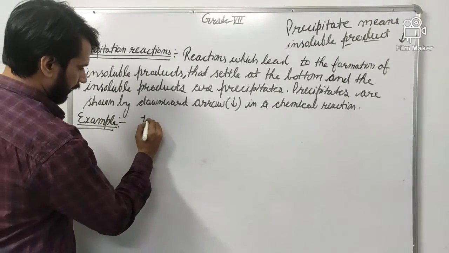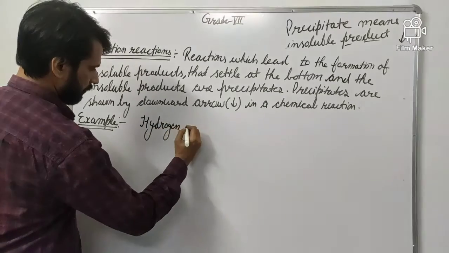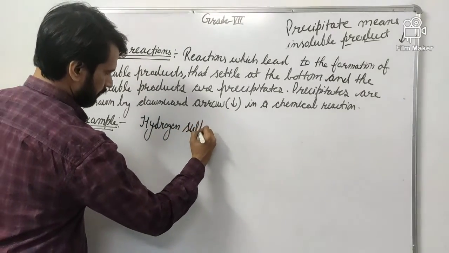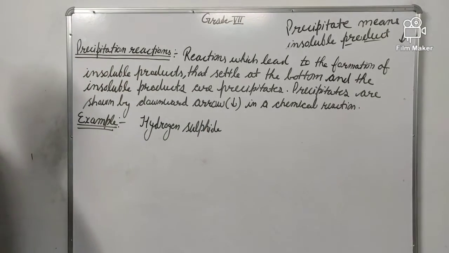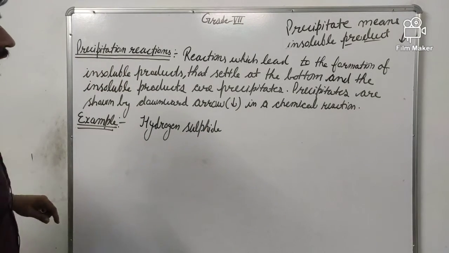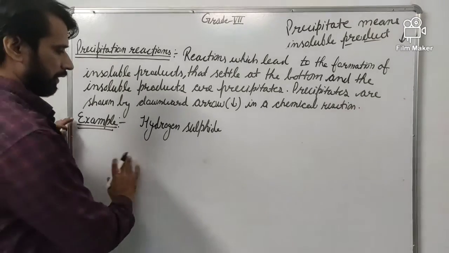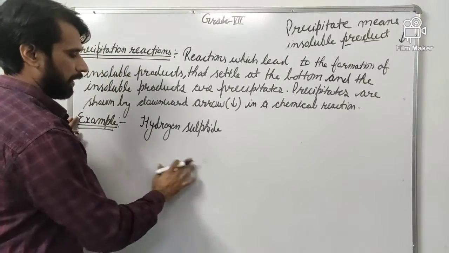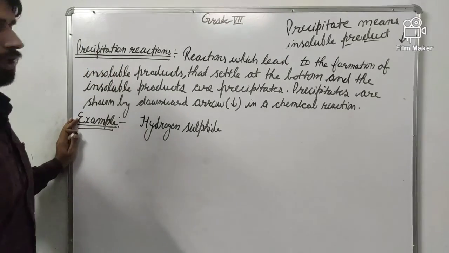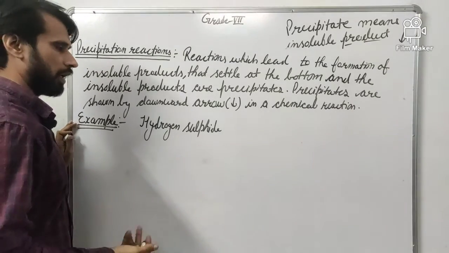Look how we write the formulas of these reactants or products. Nothing here is in your syllabus, but I can tell you a little about how we write these formulas. More things you will read in your higher classes.